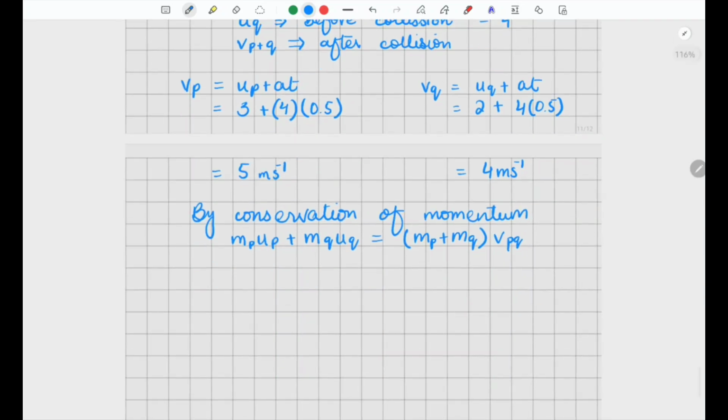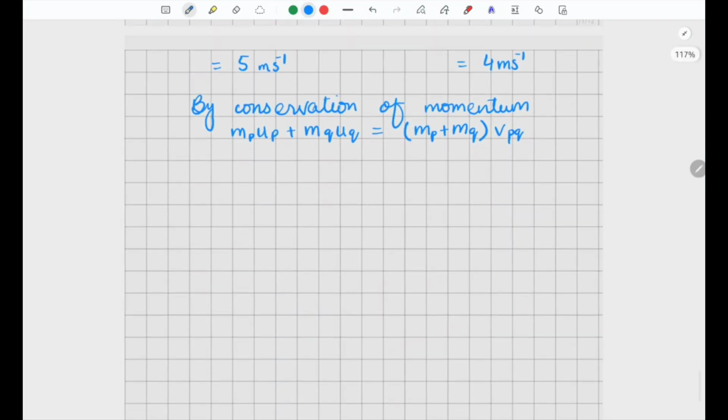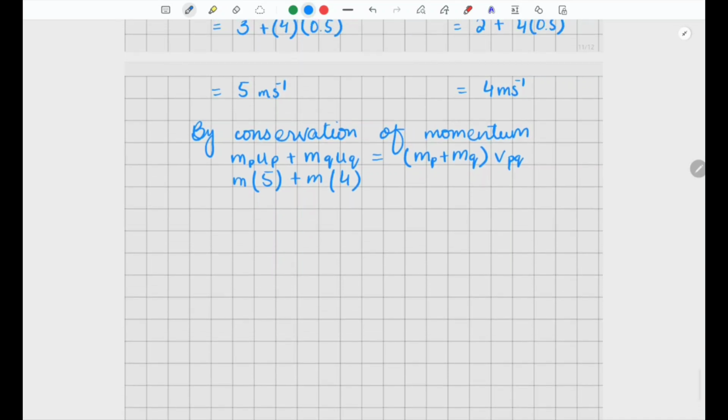Now they coalesced. The masses of both were the same, so M times 5 plus M times 4 equals M plus M times V that we need to find.